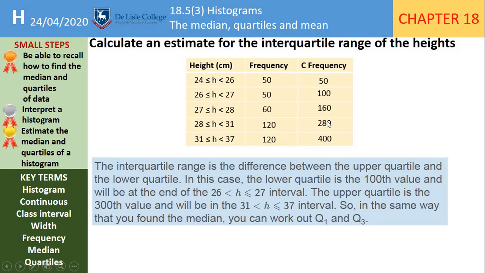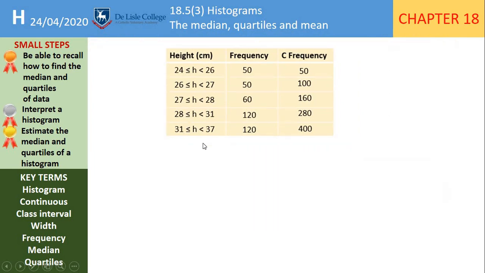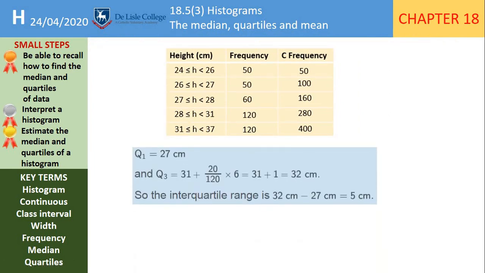My cumulative frequency, so up to here, is 280 values, and I want 20 values into this class width here. So I want to work out 20 120ths of this width, which is 6, and then add it onto the 31. So my Q1, remember this is notation for lower quartile, was 27. Q3, remember, is notation for the upper quartile.